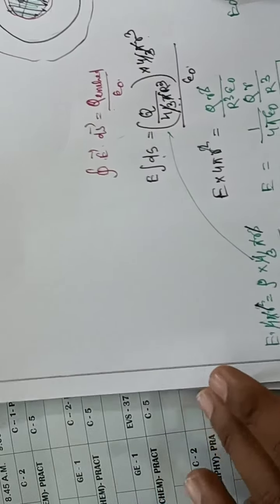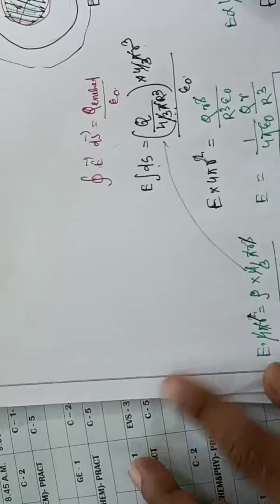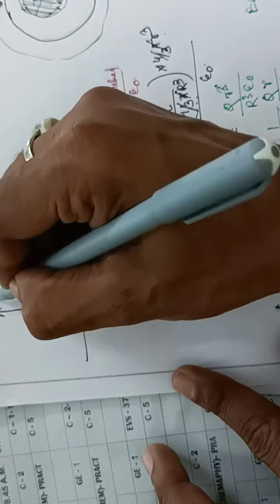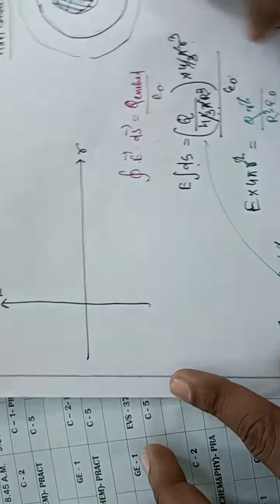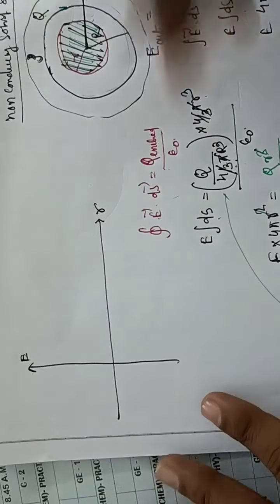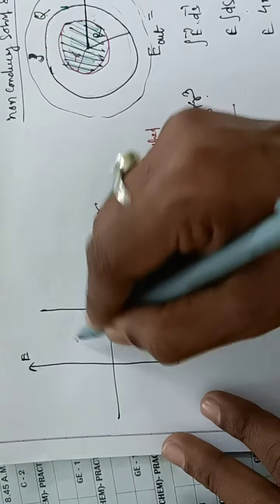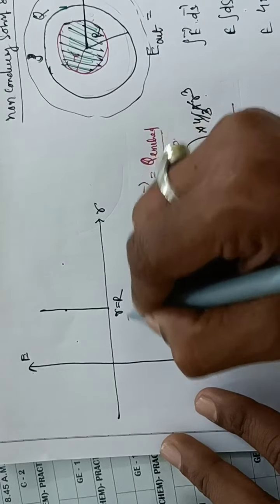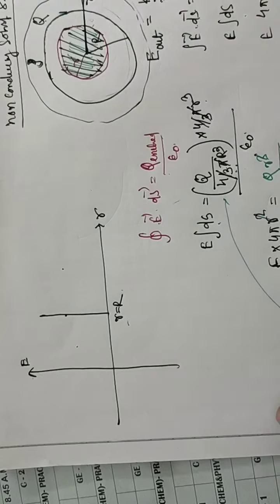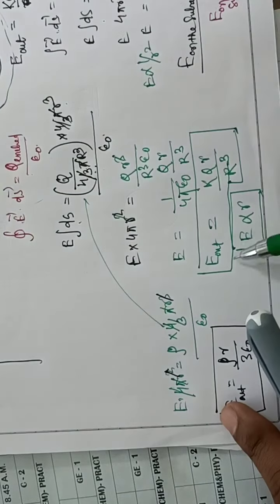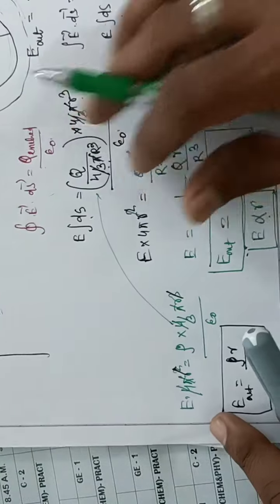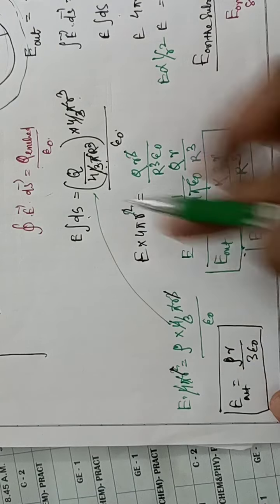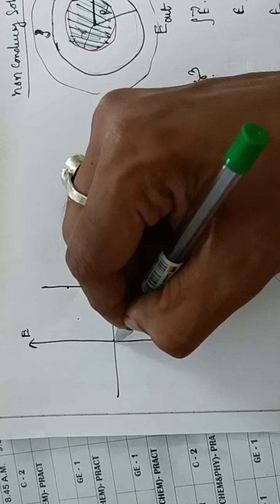If I plot the graph of E versus r in all three regions, this is the electric field and this is r. How many regions? One is inside, one on the surface, and one outside. Inside, small r is less than capital R, and we know E varies directly proportional to r, so it is a linear graph.